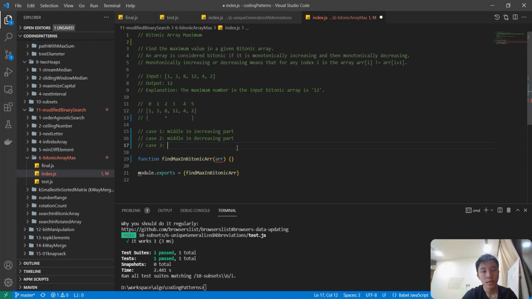Case three, middle in both. So this guy middle is marked, right? But if it is in the increasing part here, what does it mean?